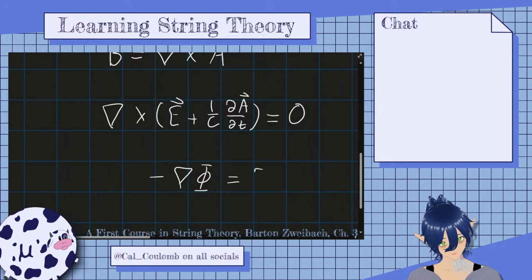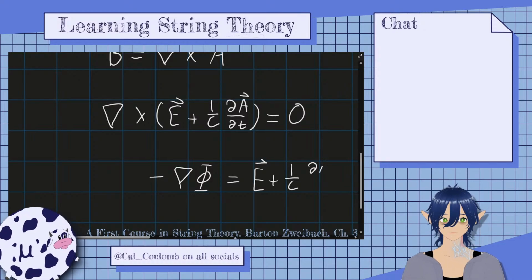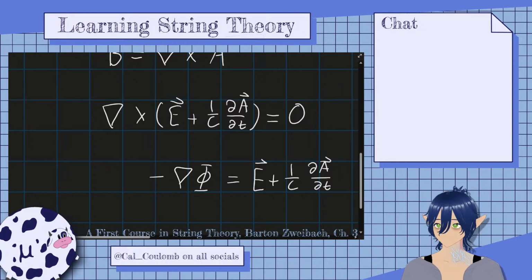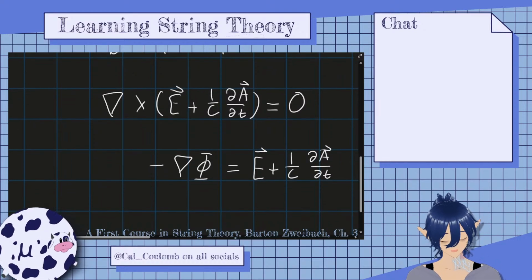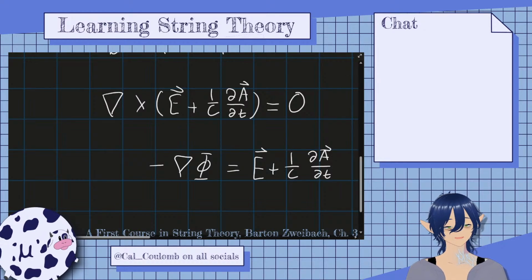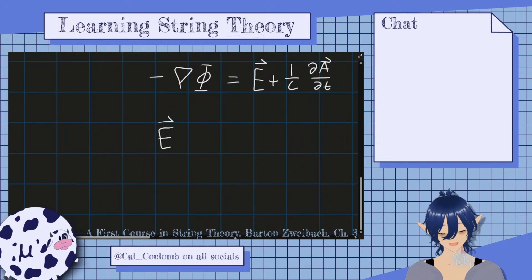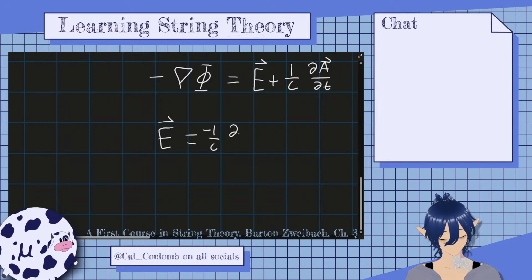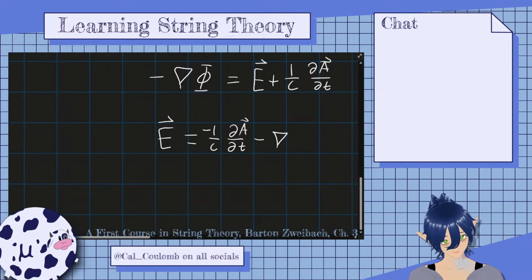They're setting E plus 1 over c partial A over partial t equal to the negative gradient of phi. And the electric field E can be written in terms of the scalar potential and the vector potential. So if we solve this above equation, we get that E is minus 1 over c partial A over partial t, minus the gradient of phi.